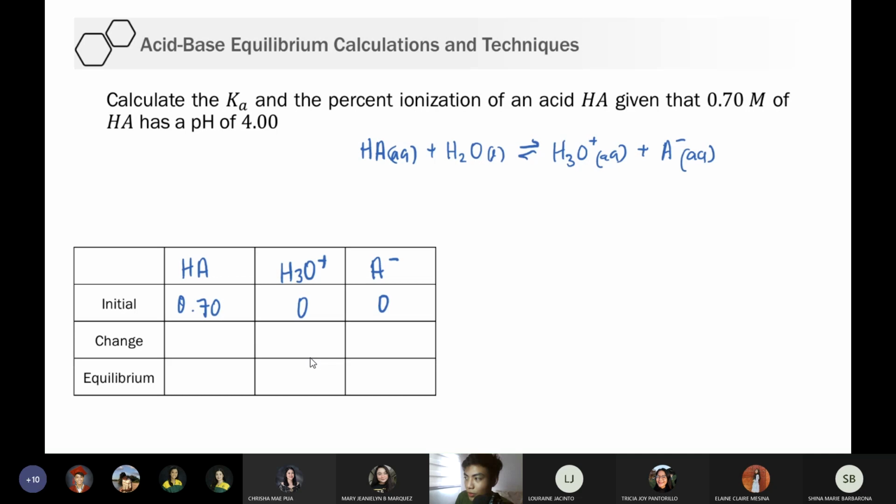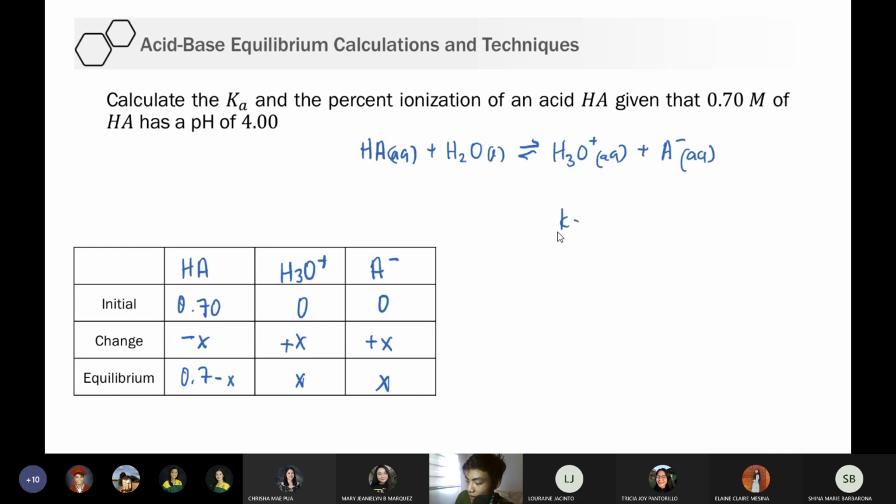So since 0 yung products, positive yung change dito, and negative for the reactants. Pagsamahin sila. Okay, then mag-isip tayo. Sabi, hanapin ko daw yung Ka.